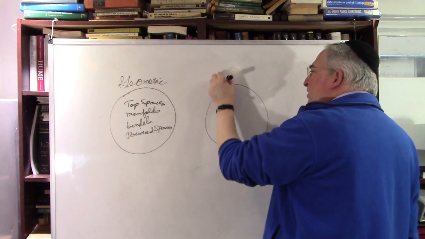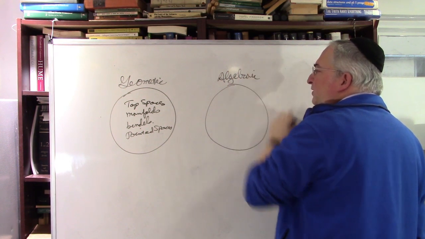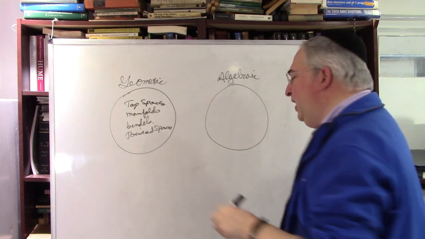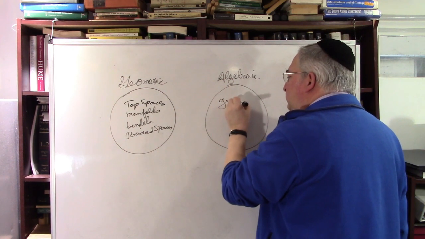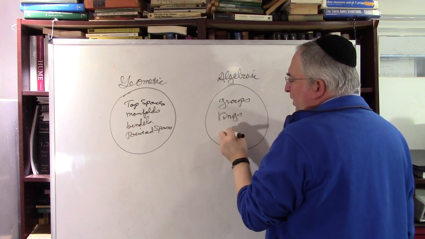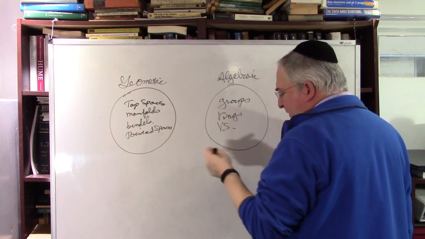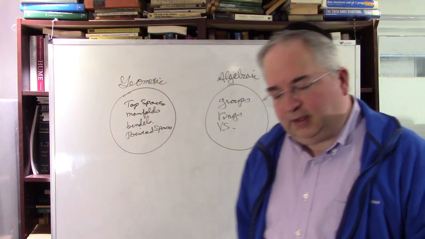And then there was something called algebraic type of ideas, okay? And here we had groups, rings, vector spaces, abelian groups, lots of different things, okay?